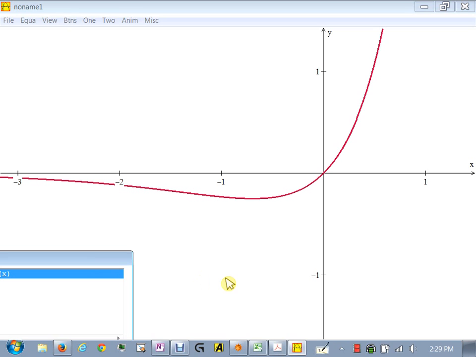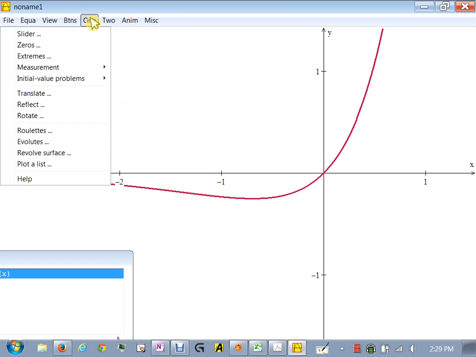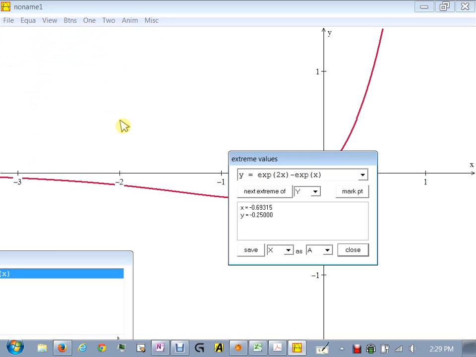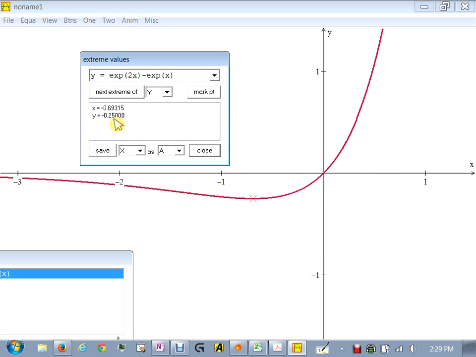There it is. Now, where did we have that lowest point there? Right. Yeah, negative natural log of 2, which if you do that on your calculator, it should be this. Remember what the y value was? It was negative 1/4, negative 0.25. So I feel pretty good we got that.